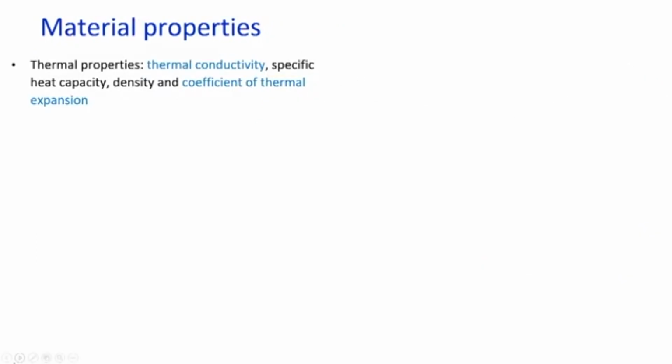Now the next group of parameters which are affecting is the material properties, and as we know, thermal conductivity, specific heat capacity, density and coefficient of thermal expansion come under the thermal material properties.